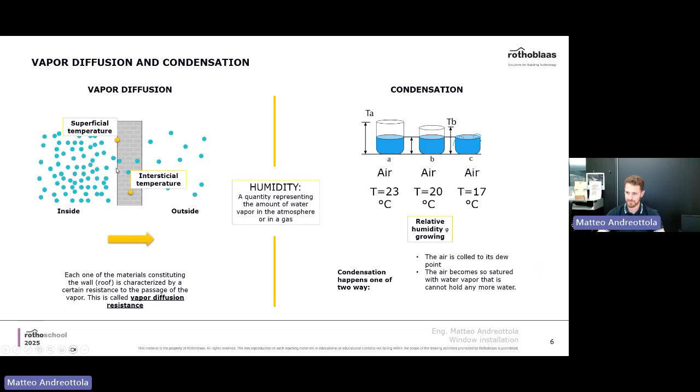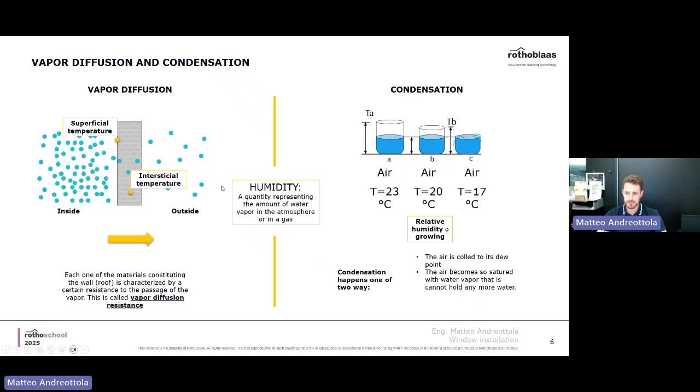You see that we have our build-up, our wall of the house. On the inside of our building, we have these vapor molecules. You see that there's a lot of vapor molecules, because basically there might be toilets, bathrooms, or people breathing and producing this vapor.